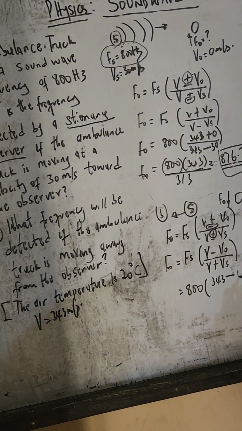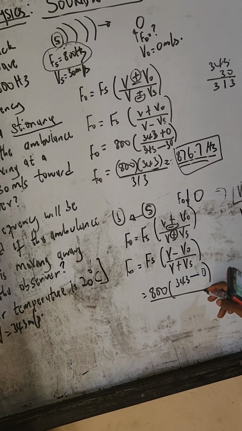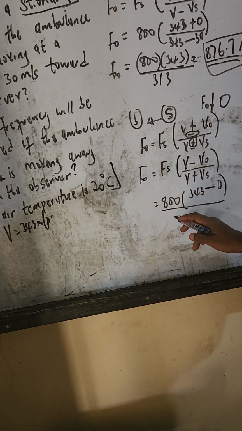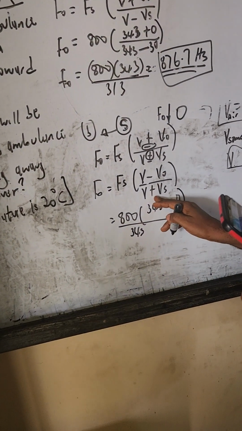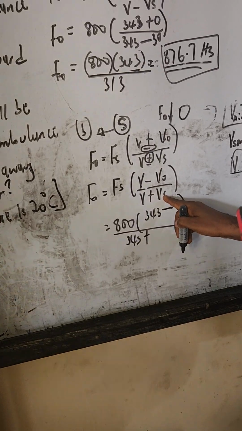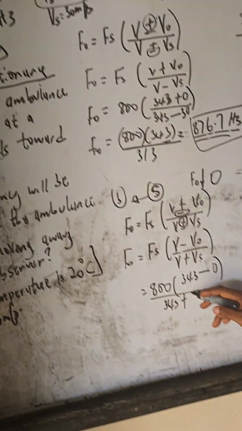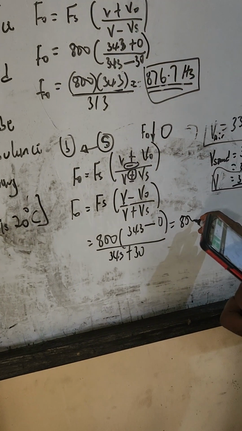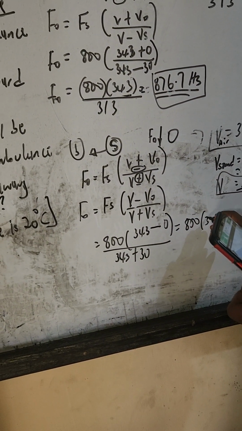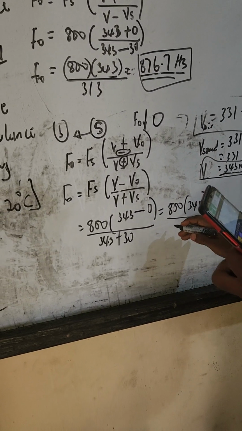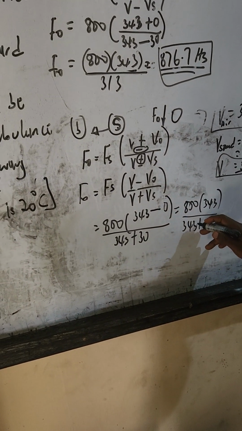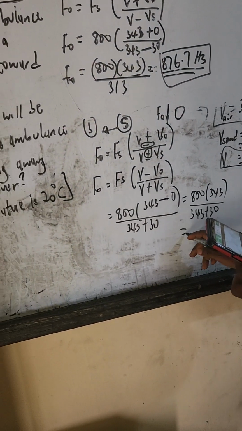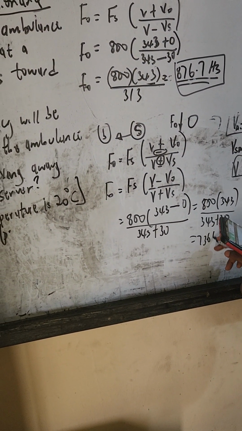The observer is still stationary, 0. Then divided by velocity of sound at temperature 20 degrees, 343 for this problem, then plus velocity of the source, 30. So this one becomes 800 times 343 divided by 343 plus 30. If we press our calculator, we are going to have 736 Hz.